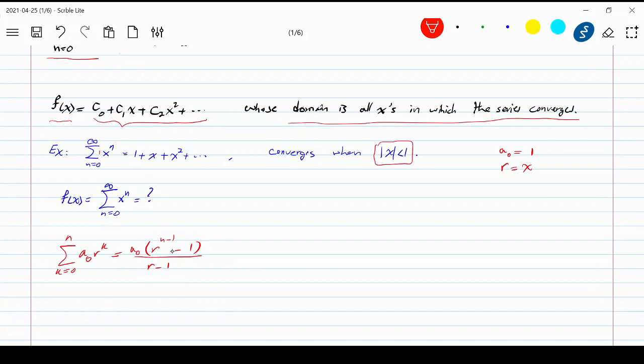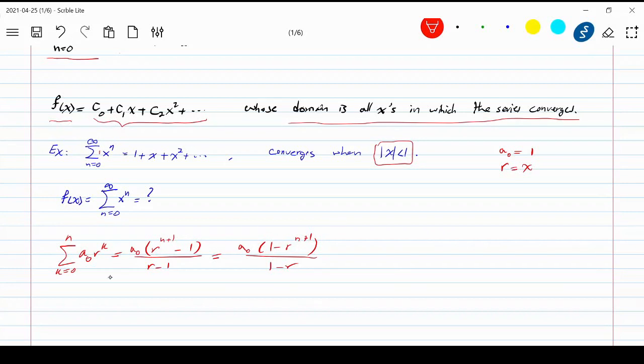If you remember, this was the geometric form, or you can write it the other way as well. This is the same thing, a0 times 1 minus r to the power n plus 1, divided by 1 minus r. It's the same thing.